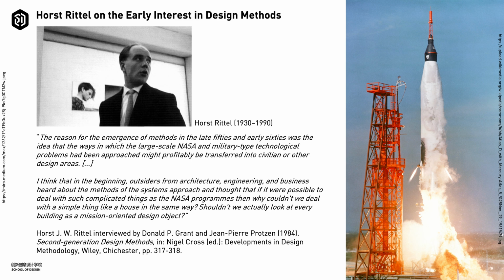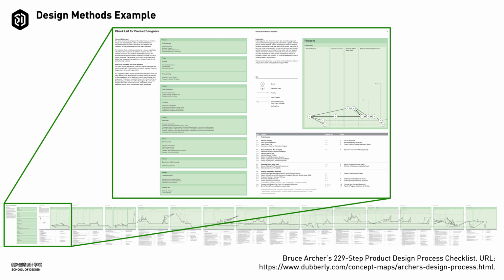Then we take all of these subsystems and break them down into smaller and smaller subsystems. And once we've got all the little problems solved and we put all the solutions together, then the rocket as a whole will function. Why don't we take that systems approach and apply it to buildings and cities? That was the idea. I don't want to talk about the design methods movement too much, but I want to quickly give you an example of what that looks like.